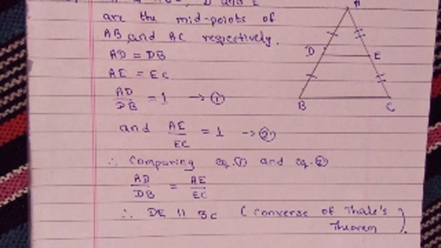That is question number 9. In question number 9, it is given that ABCD is a trapezium.